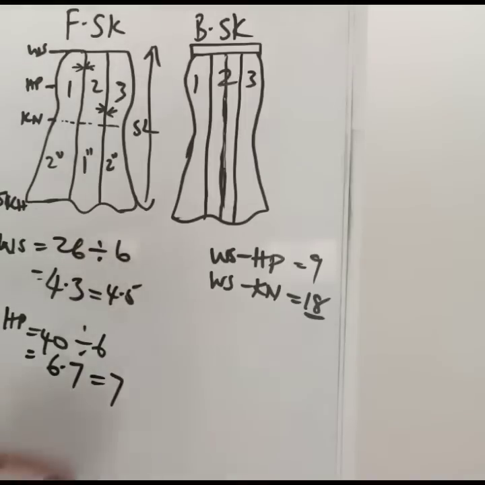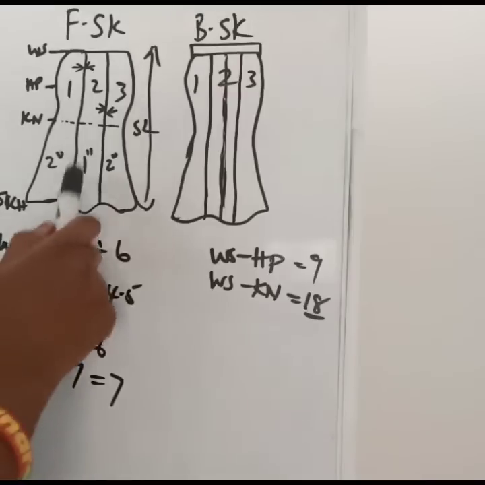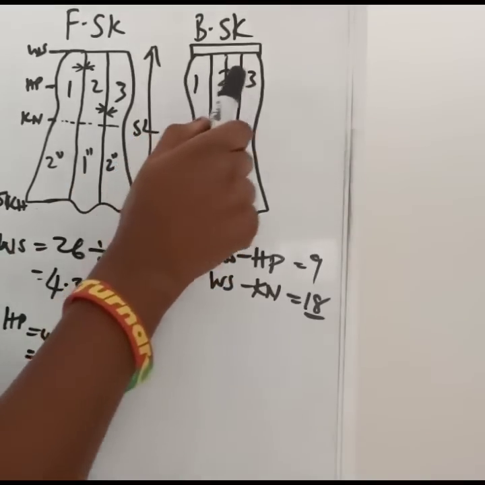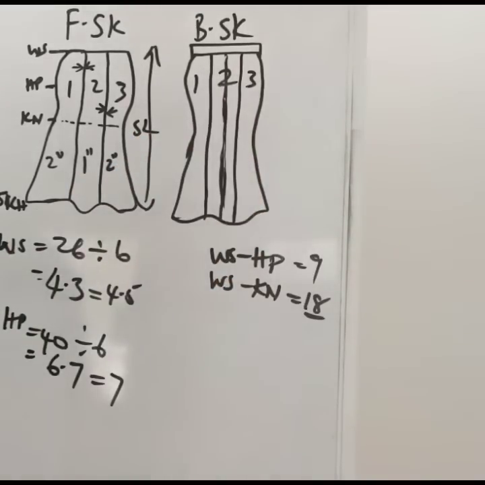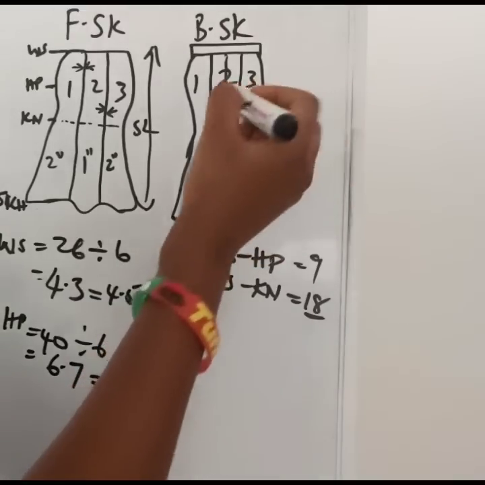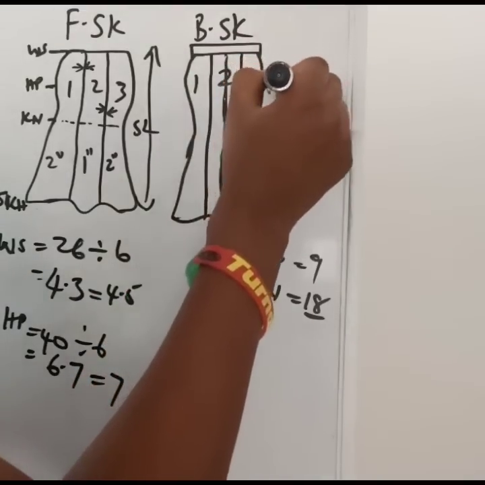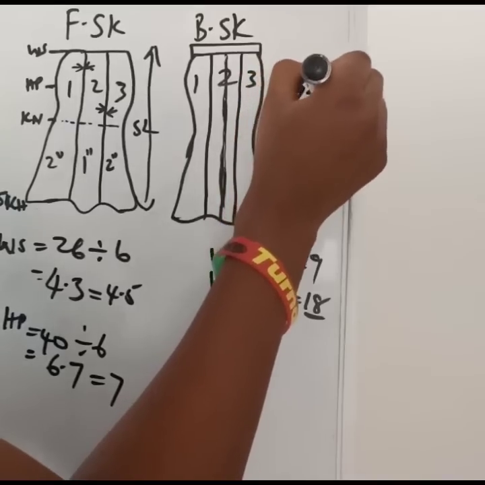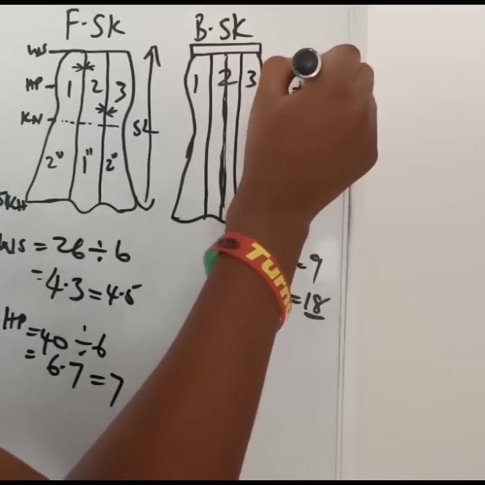So we discover that for number 2, for the back panel, if 1 inch is the same that you need to join 1 and 3 to 2, you also need 1.5 for zipper allowance. So at the end of the day, for this number 2, you will need 2.5 inches allowance.